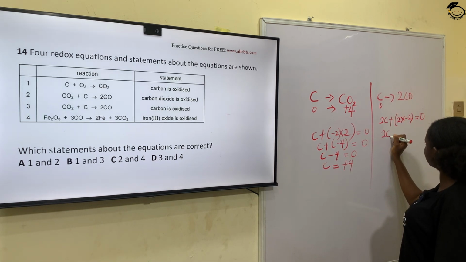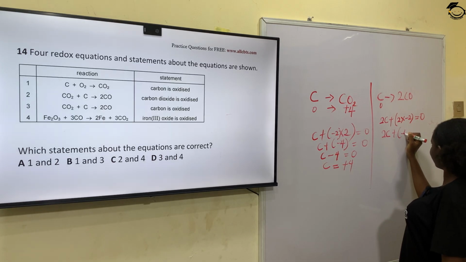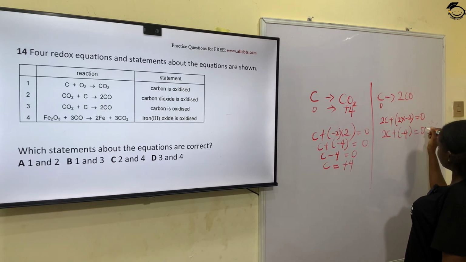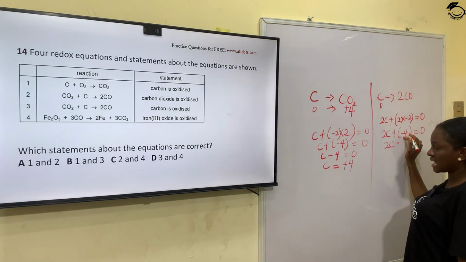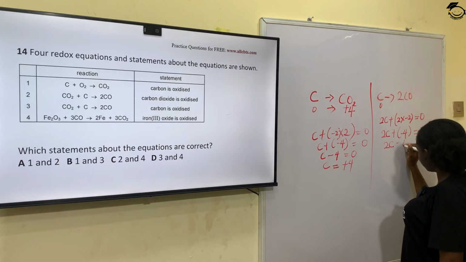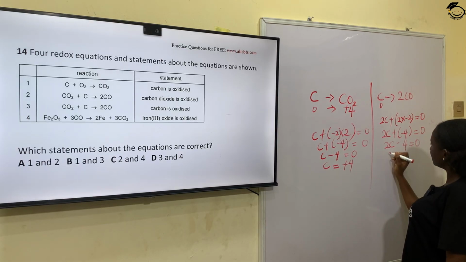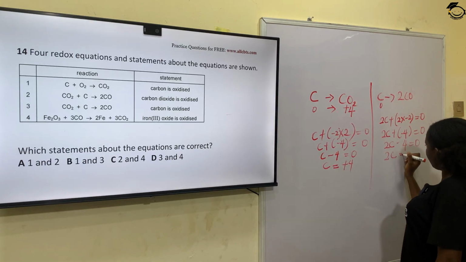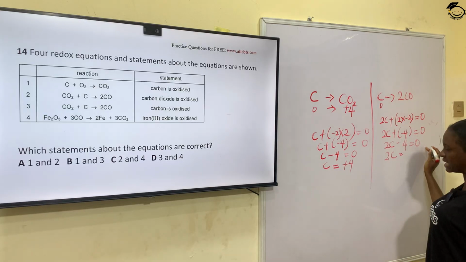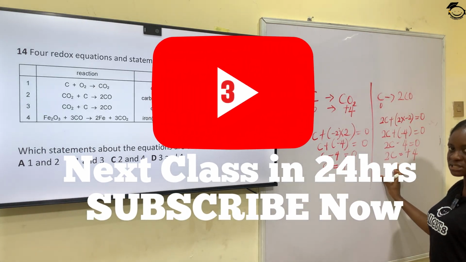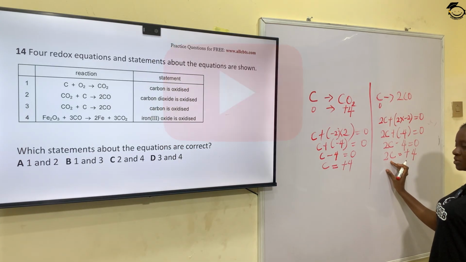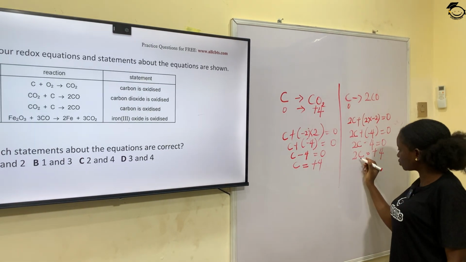So we have 2C plus -4 to give 0. 2C plus -4 equals 0. Then the -4 will move to the other side to become positive, +4. Then to make C the subject of formula, we'll divide both sides by 2.